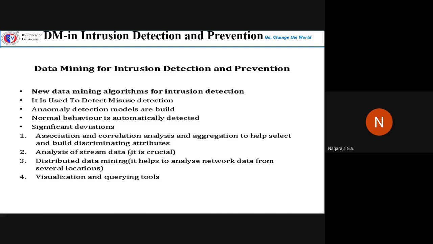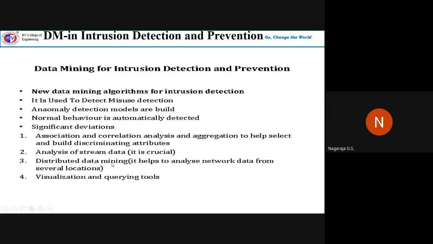So that means you can always look at data mining techniques for an intrusion detection system, because of the huge data flowing from one end to the other end. Then association and correlation analysis and aggregation help select and build discriminating attributes.